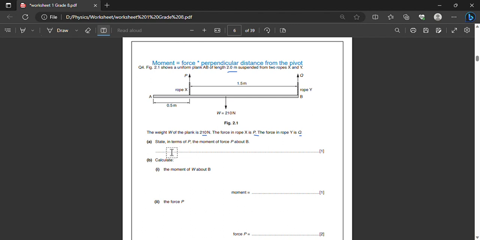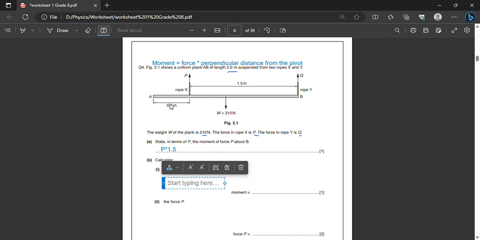So from here, in terms of P, the force is P, so you can write P times the distance from here to here. The total is 2 meters. If you subtract 0.5 from 2, you get 1.5. So the answer will be P times 1.5.